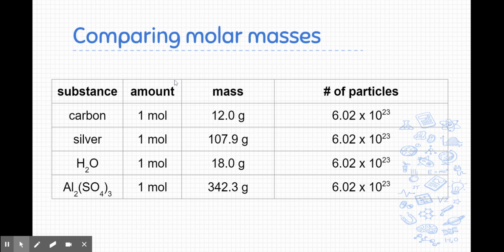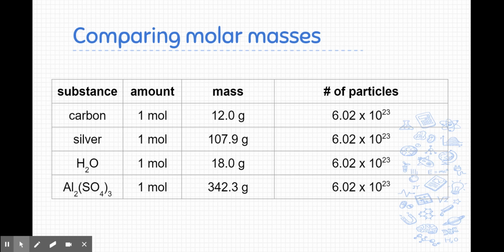However, since we're talking about different atoms and molecules, and these particles are all different, and they're made up of different atoms, the mass of that same quantity of particles varies greatly. 6.02 times 10 to the 23 carbon atoms only weighs 12 grams, whereas 6.02 times 10 to the 23 aluminum sulfate units weighs 343 grams, so over 10 times the amount.